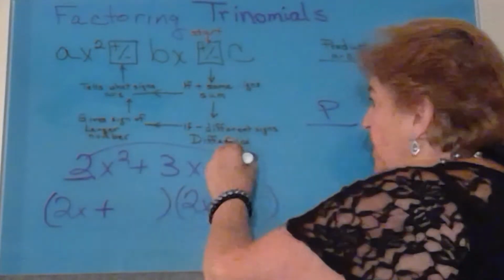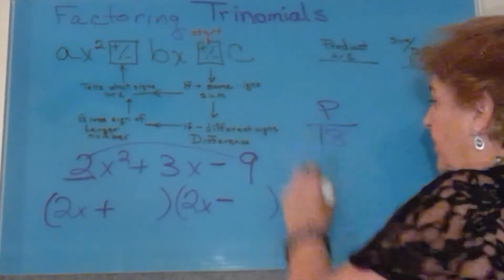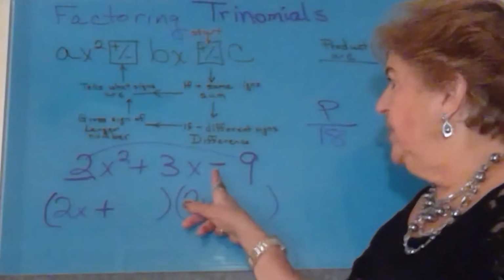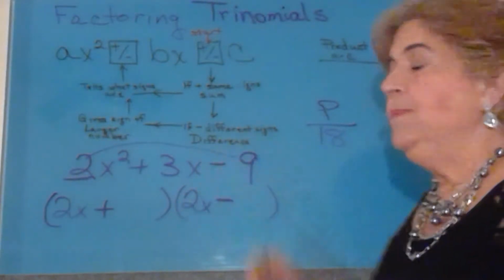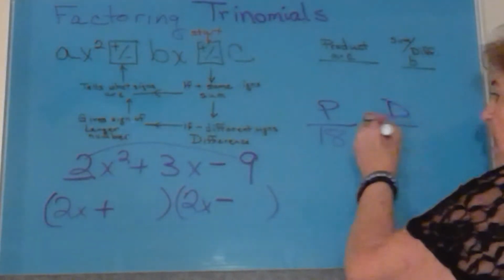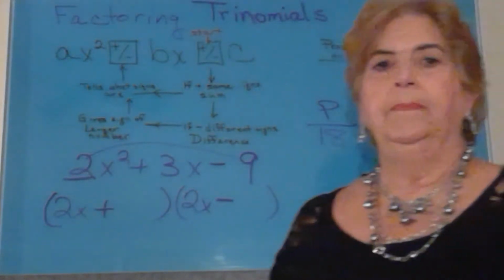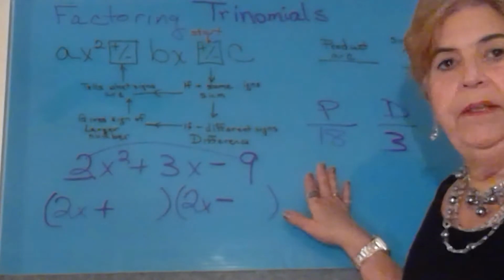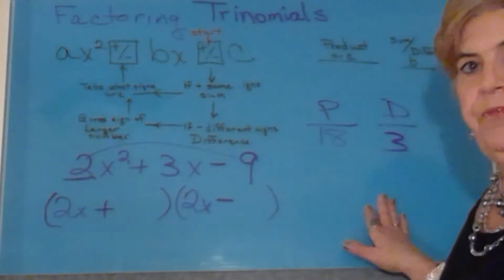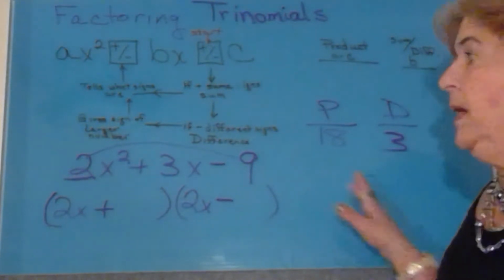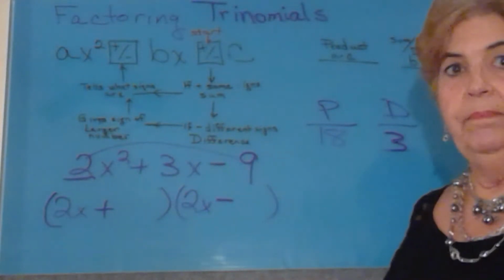So, A times C is 18. And because this is a minus, I'm looking for a difference of 3. What gives you a product of 18, but a difference of 3? It's not 2 times 9.